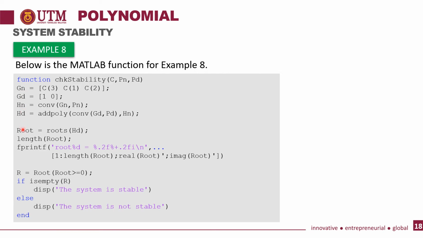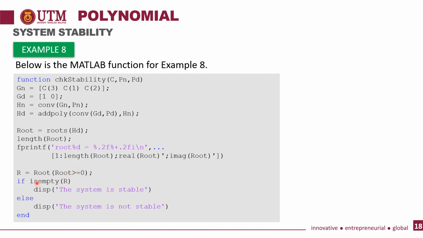Next we want to find the roots of HD, which is the denominator of the system. When we find the roots, we find the length of the roots. If a root is greater than or equal to 0, it means that the system is not stable. For example, R equals roots greater than or equal to 0.